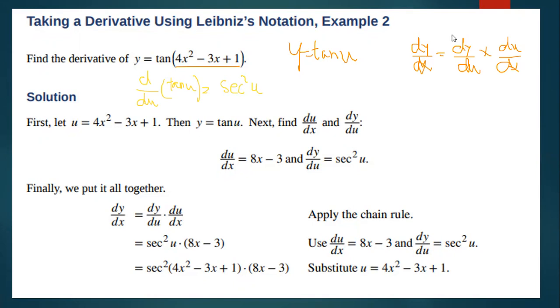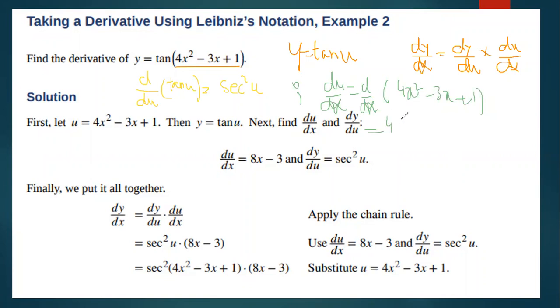Now next parameter to do is my du upon dx. So what will be du upon dx? Du upon dx. So as d upon dx with the value of u is 4x square minus 3x plus 1. So I have to differentiate one by one.